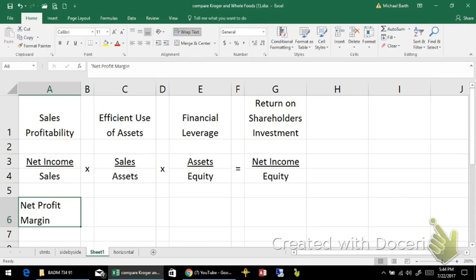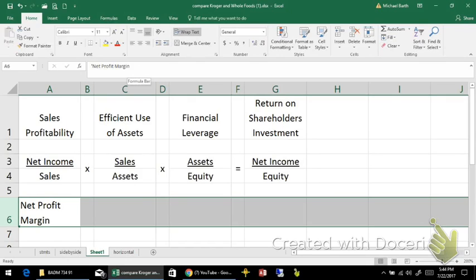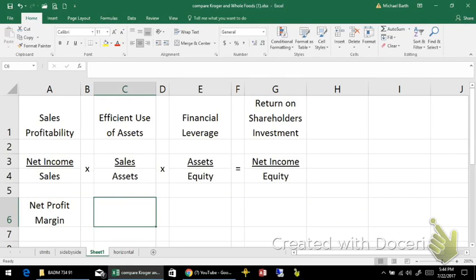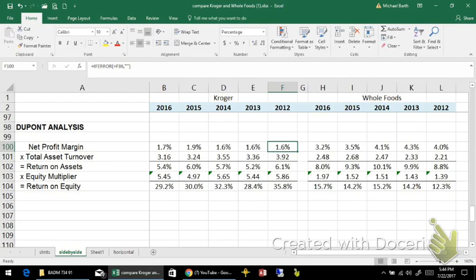The next ratio, which we would term the total asset turnover, is the ratio that measures how many dollars of sales you generate for every dollar of asset. And we can see here the total asset turnover for Kroger is materially higher than the one for Whole Foods. So they don't make as much profit when they make a sale, but they make more sales.